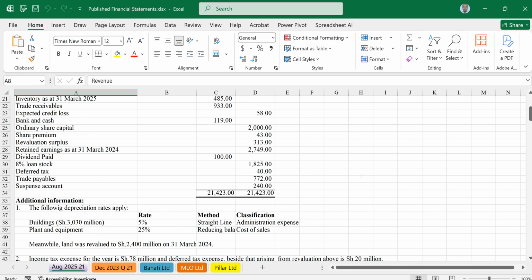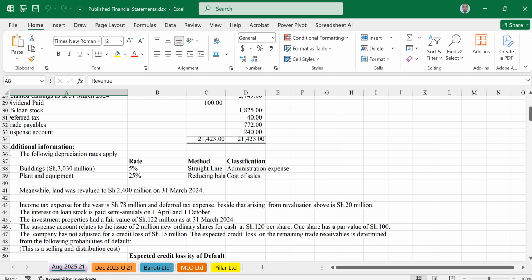Then, additional information. The following depreciation rates apply. You can see building at the rate of 5%, straight line method, it's going to admin. Plant and equipment at 25%, that is reducing balance, to the cost of sale. They're saying that land was revalued to 2.4 as at 1st March 2024.